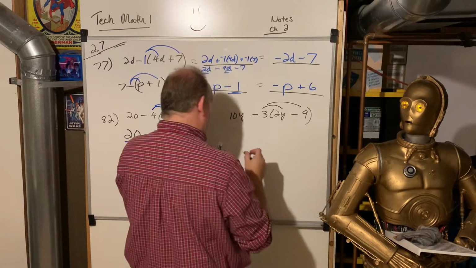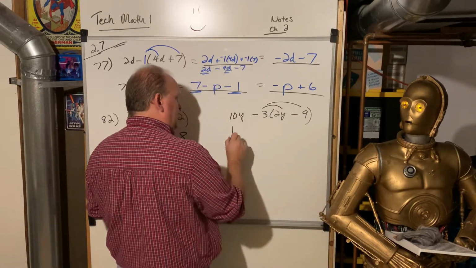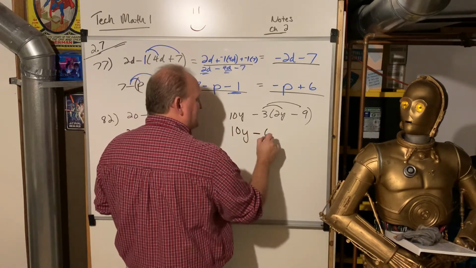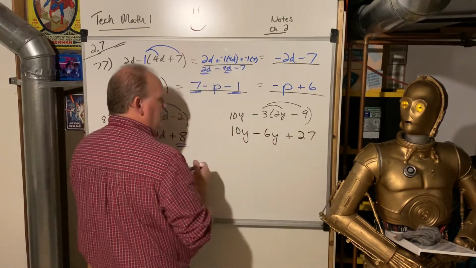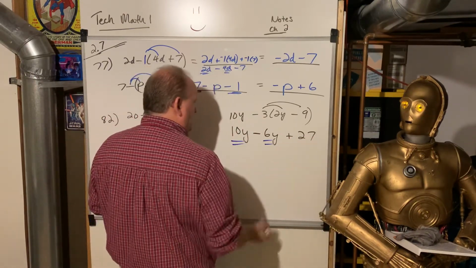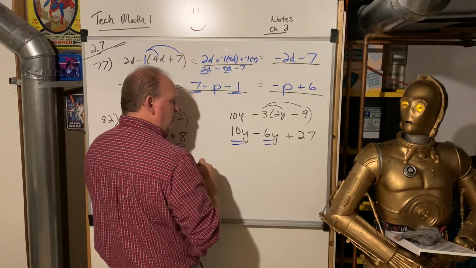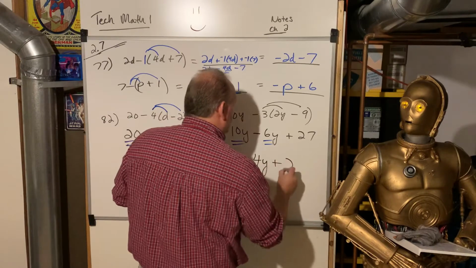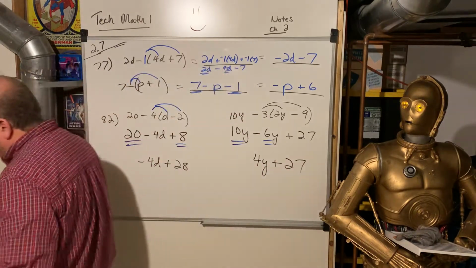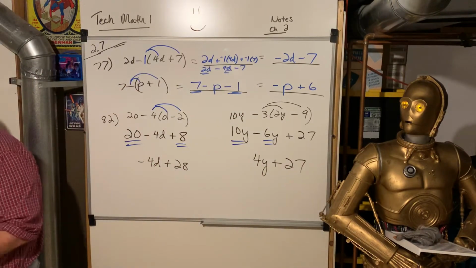This is number 82. We got 10y minus 6y plus 27, and then combine up the like terms. So 4y plus 27. All right.